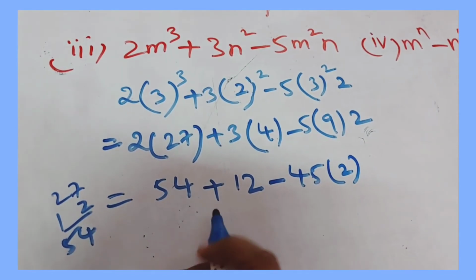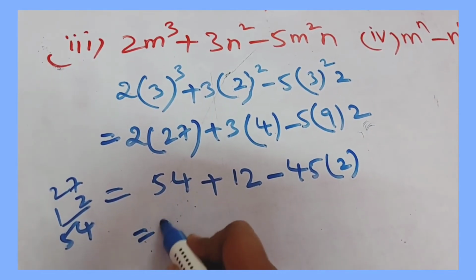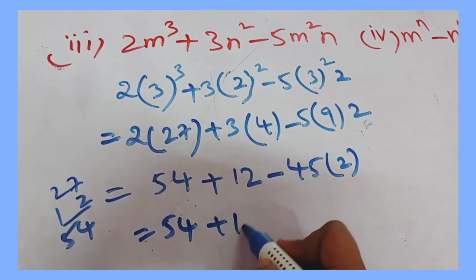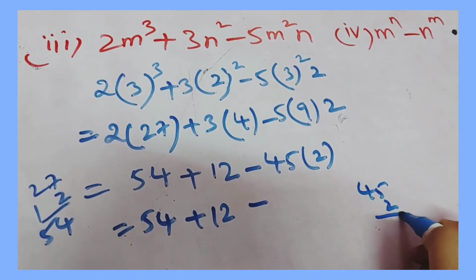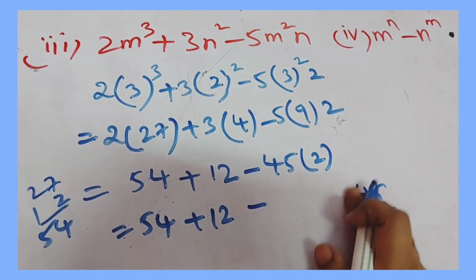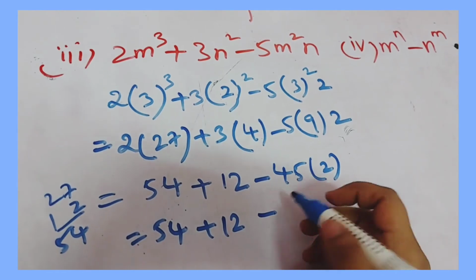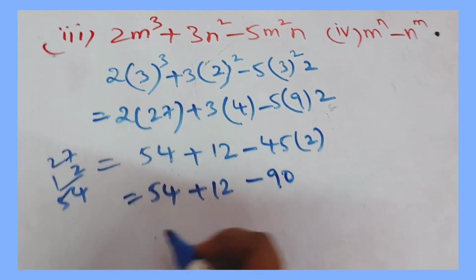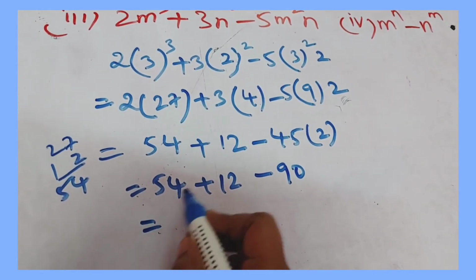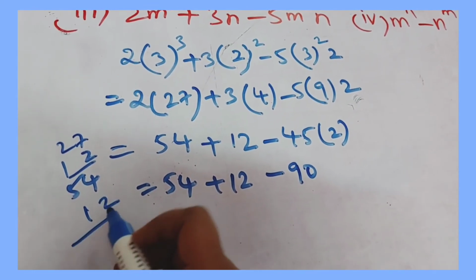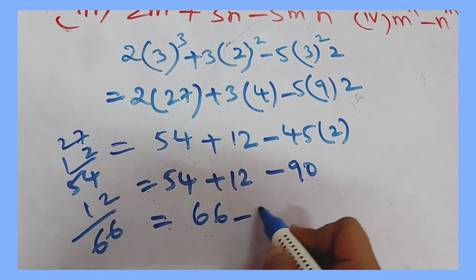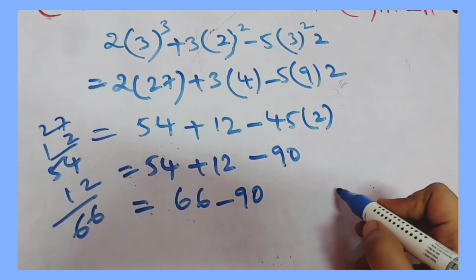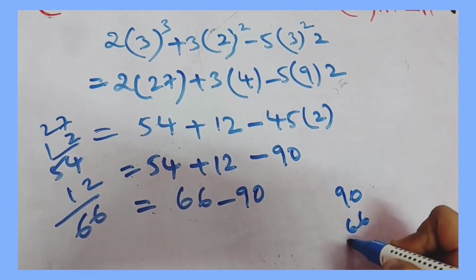Now 54 plus 12 minus 45 2s are 90. So you have to write here 90. So 54 plus 12 is 66, minus 90.